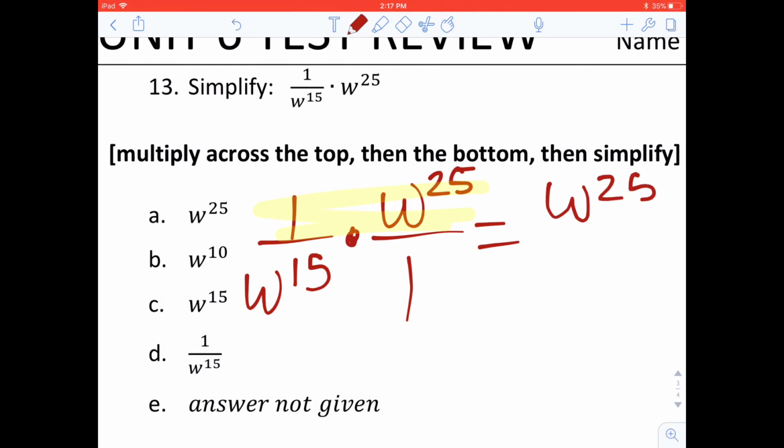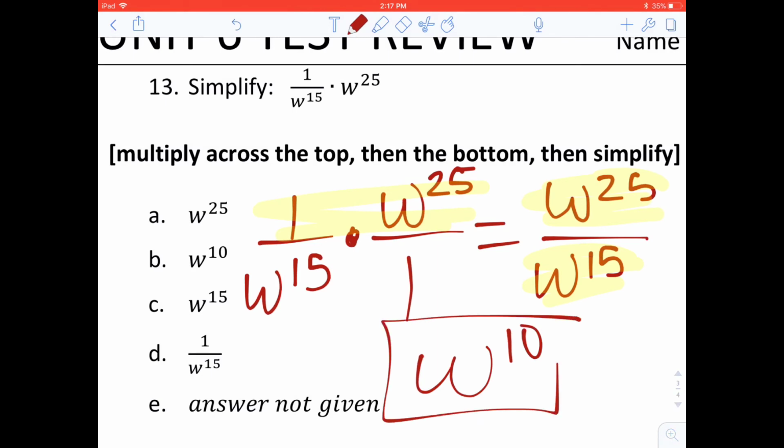So I get w to the 25th, divided by w to the 15th power times 1, which is w to the 15th power. Now let's simplify. If I have 25 w's up top and 15 w's on the bottom, when I go to cancel out sets of w's, that will leave me with 10 of them up top. My answer is B.